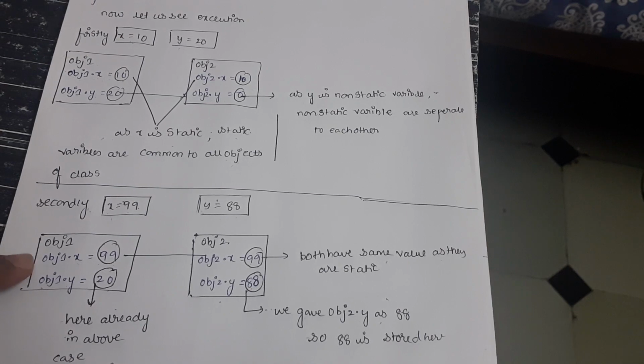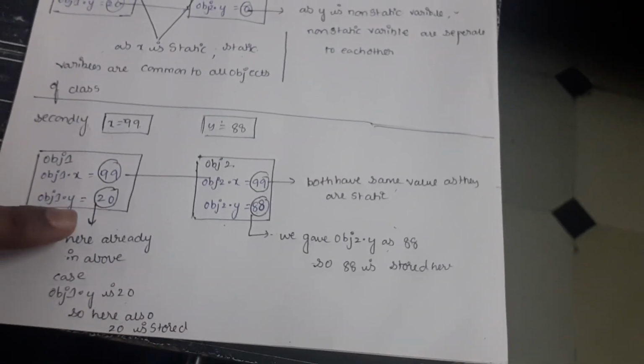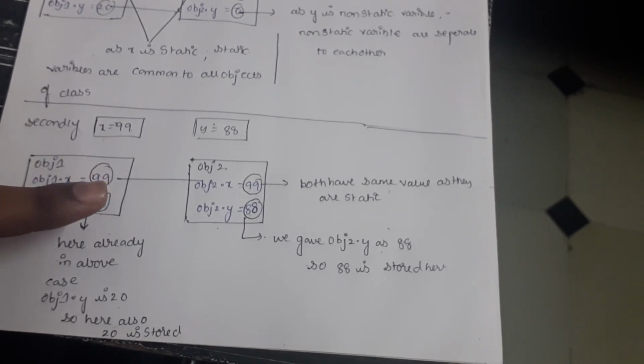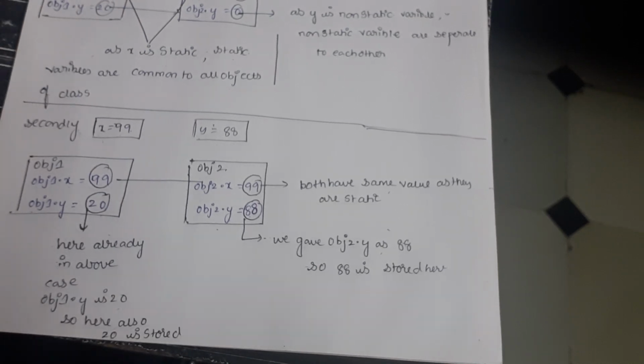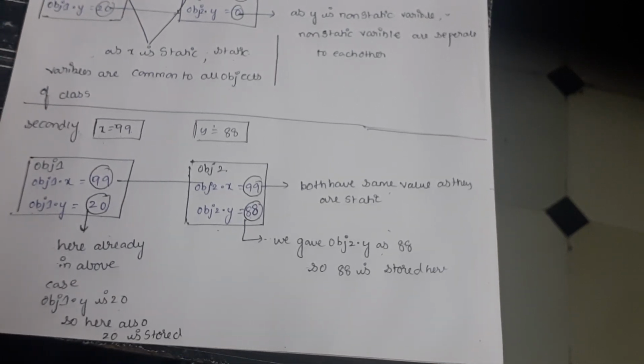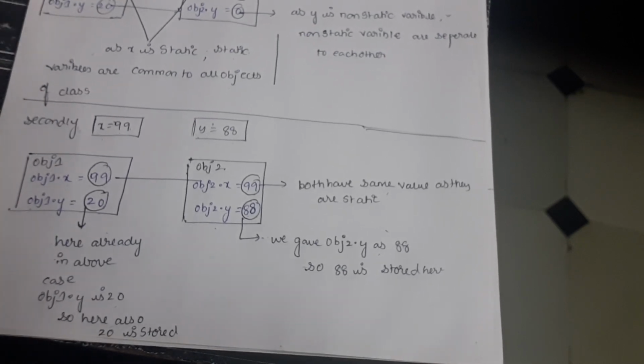And again, object1.x is equal to 99, object1.y is equal to 20, object2.x is equal to 99, and object2.y is equal to 88. Right guys? The same is written over there, for your clear understanding.